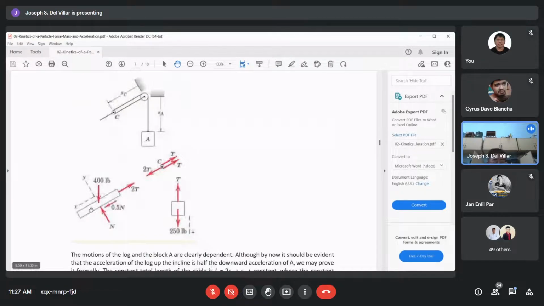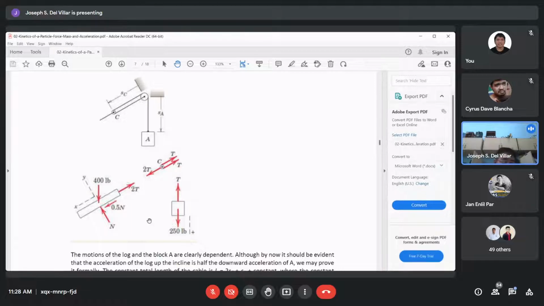It points downward because the friction, as we all know, is always opposite the direction of the motion. Since the motion of the log is upward, because it is pulled up by the concrete block, when the block goes down, the log goes up.